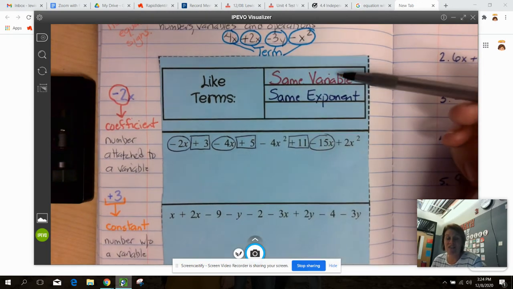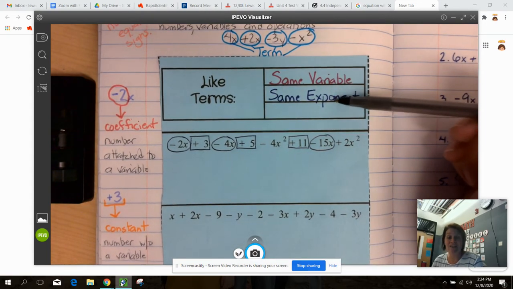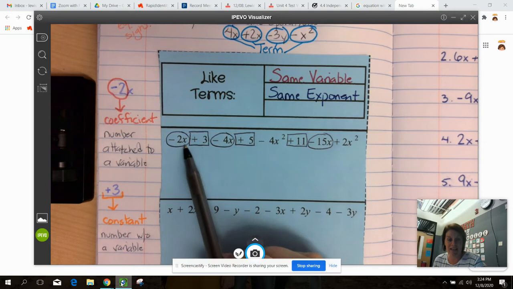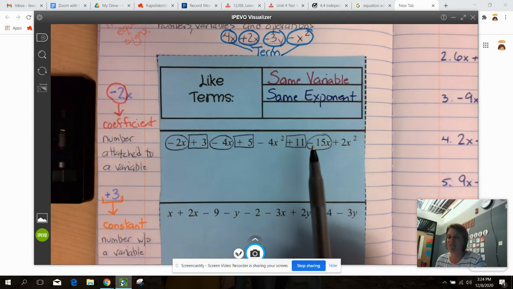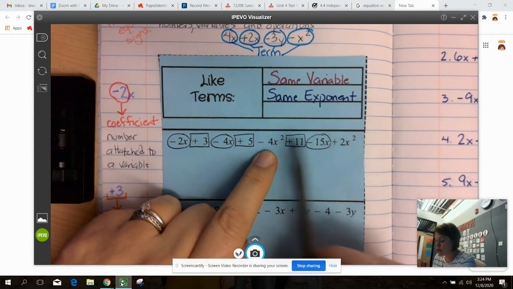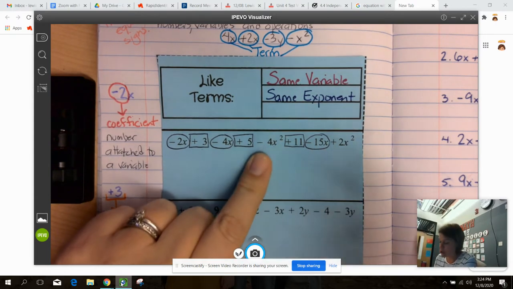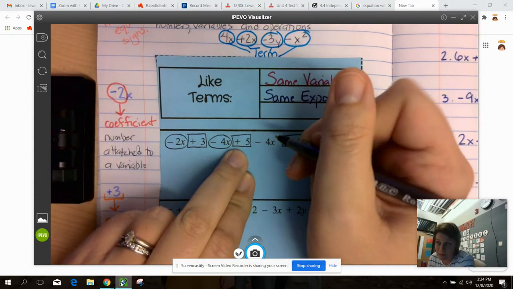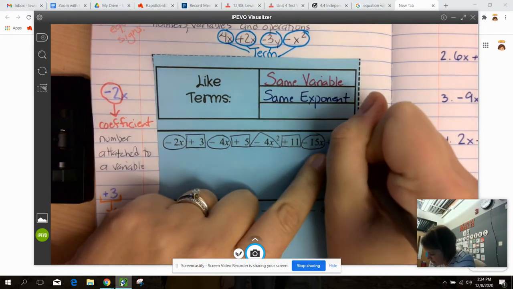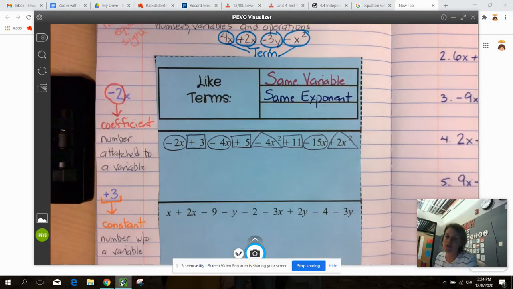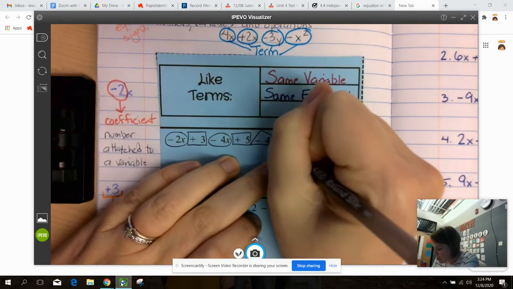Now, we said it has to have the same variable and the same exponent. With these, they don't have an exponent that we can see. They really have an invisible one there, but we can't see it. So these have a 2, so these would be like terms. So I'm going to try to put a triangle. It's not going to look very cute, but okay, there we go. And it's supposed to go around the whole thing, even though it cut the exponent off. So just know that goes with it.